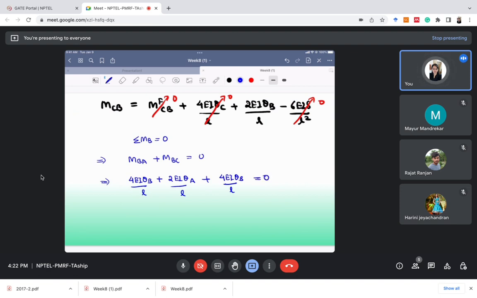So we have used this equilibrium equation for solving the value of theta.